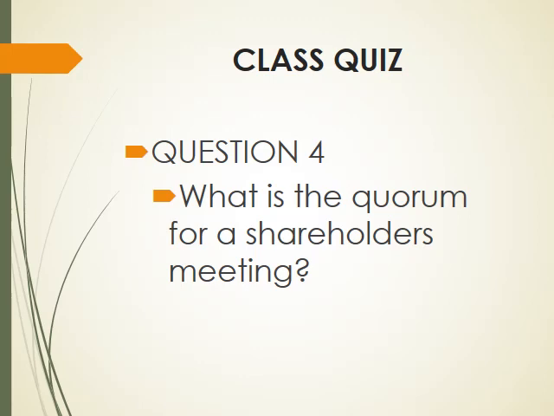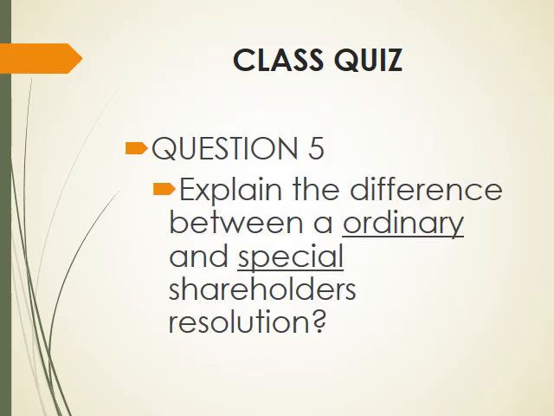We said at least 25% of voting rights need to be exercised, and at least 3 shareholders if there are more than 2 shareholders present. What's the difference between ordinary and special resolution? We said that an ordinary resolution requires at least 50%, special resolution requires at least 75%, where the Act provides for the MOI of the company to be able to adjust those percentages, provided that a 10% differential is maintained between the two.